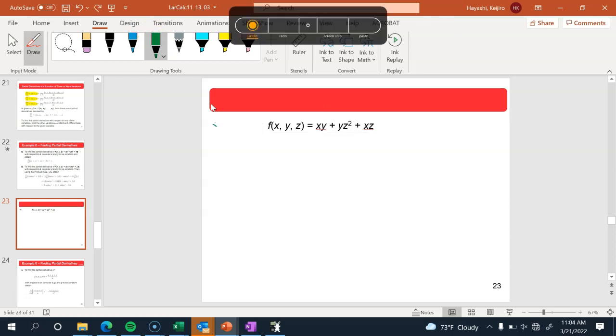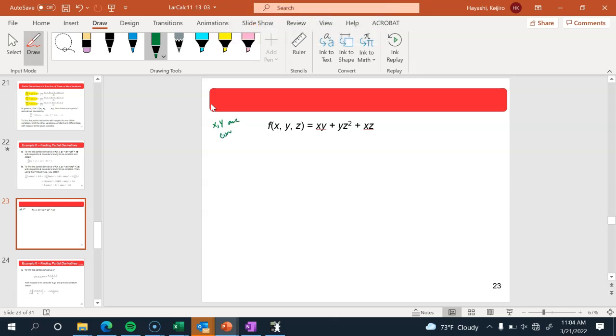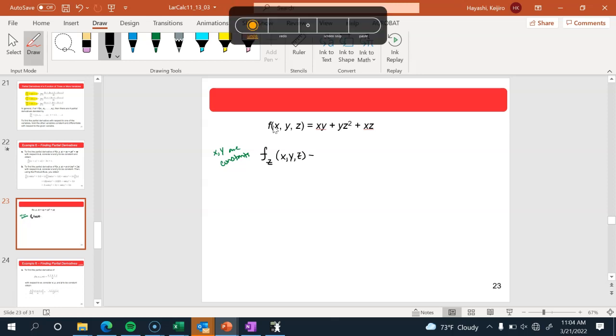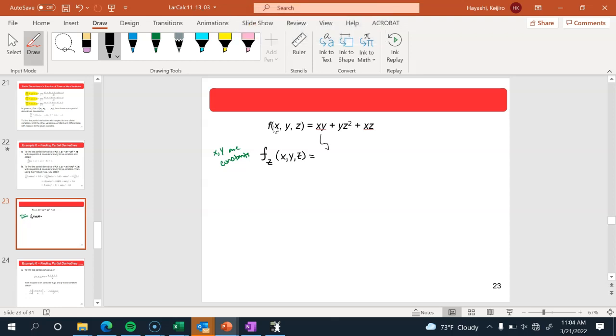X and y are constants when we take the partial derivative with respect to z. So x and y are constants, which means this first term is just a constant term, so the derivative of that should be 0.